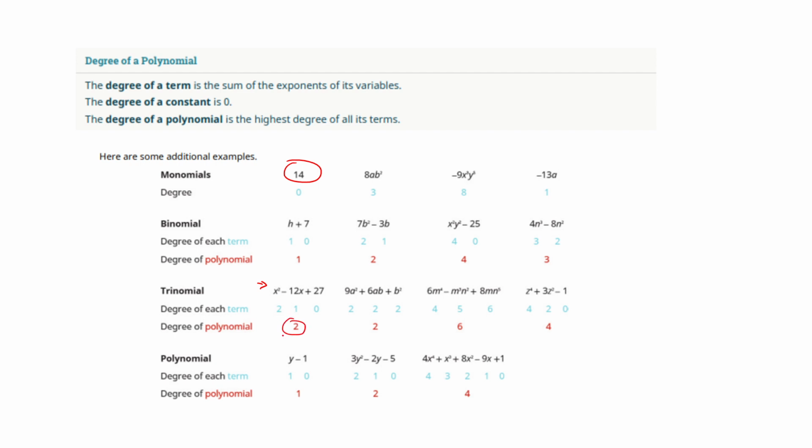Now it is technically true that if you have a big long group like this, 8m(n) to the 5th, the degree is the sum of all the exponents. So the m has a 1, the n has a 5. So this would have a degree of 6. So the degree of the polynomial is the largest one from any of the groups.